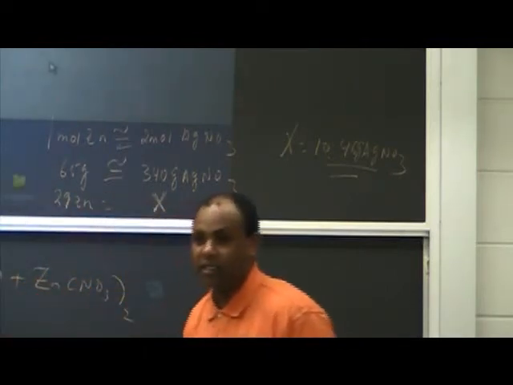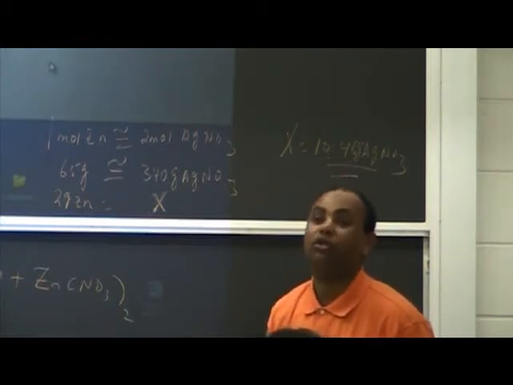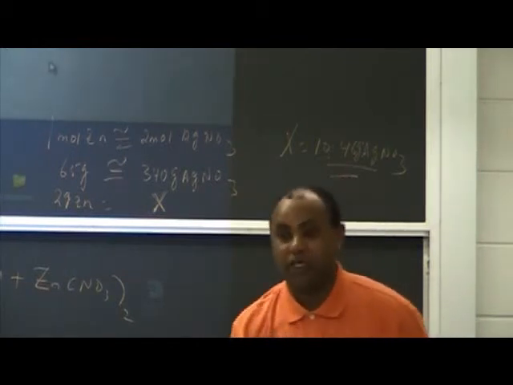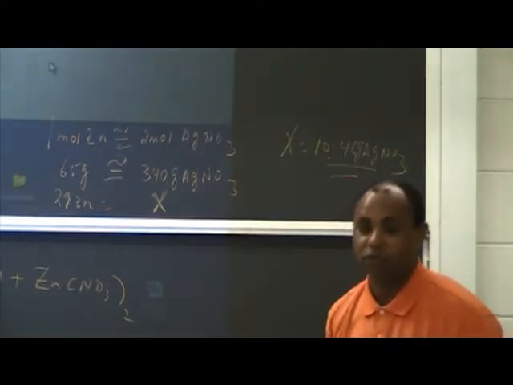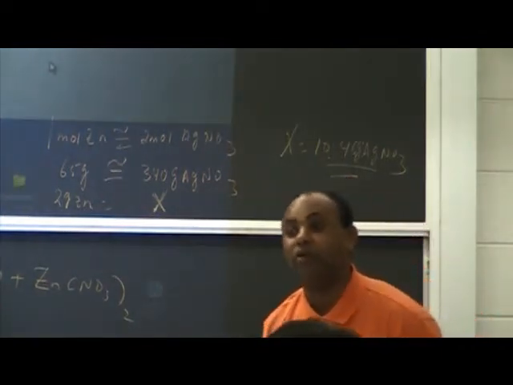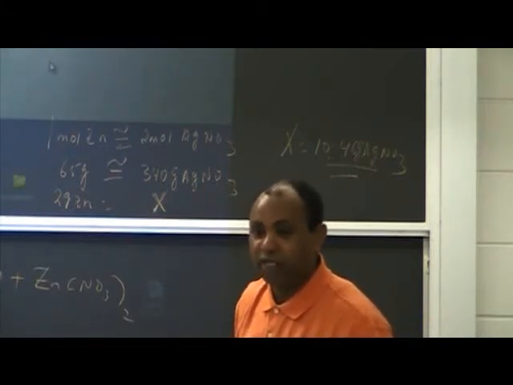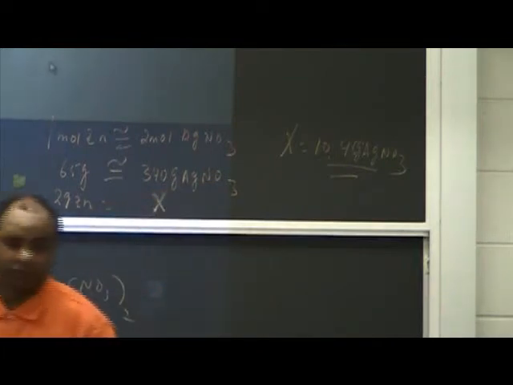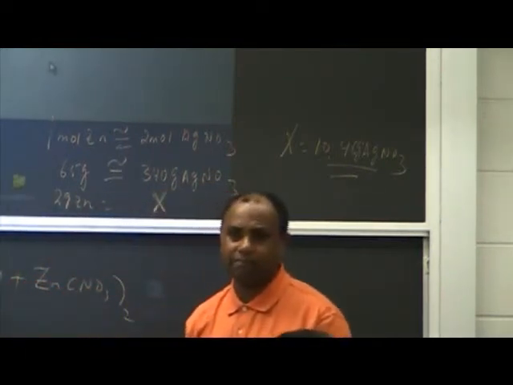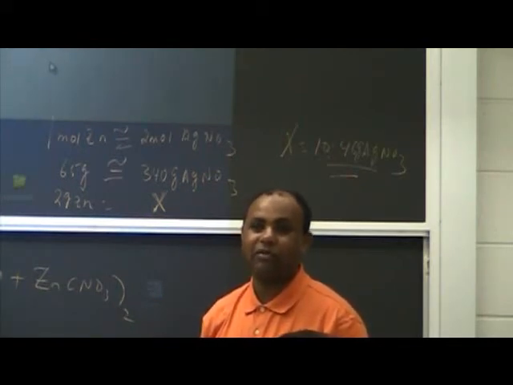So it means 2.5 grams of silver nitrate is not enough for 2 grams of zinc. For 2 grams of zinc, you need 10.46 grams of silver nitrate. But your supervisor was greedy, maybe? He gave you 2.5 grams of silver nitrate. Stingy, selfish, maybe?